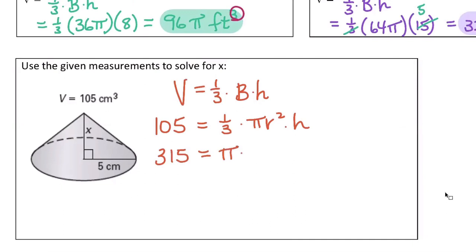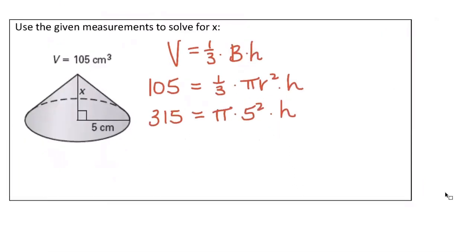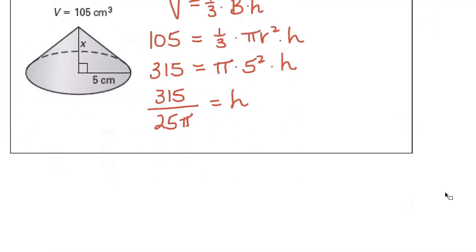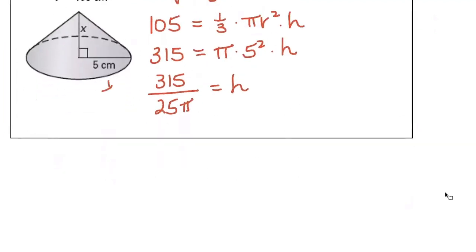And then I'm putting in 5 squared. So this would be 315 divided by 25 pi is h. And then we could take out a 5. 63 divided by 5 pi. Let me write that a little better. 63 divided by 5 pi centimeters would be your height.